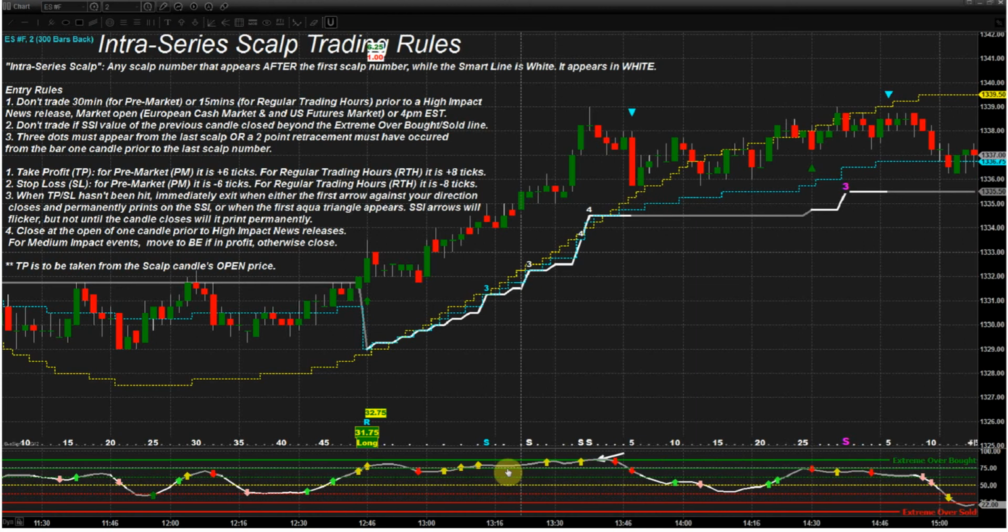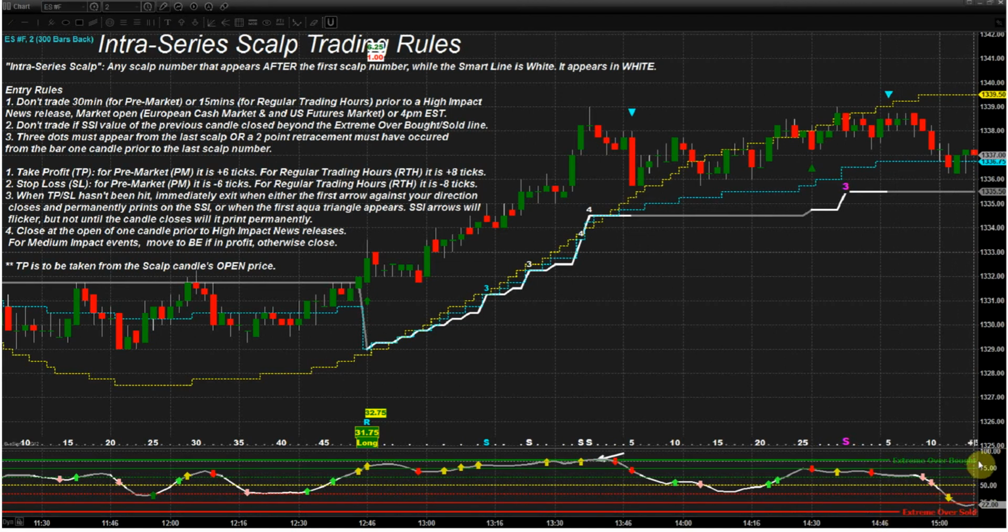Now gray is when the SSI line is slightly overbought, as it is here, or when the SSI line is slightly oversold, as it is here. When it reaches extreme overbought and oversold, don't take a scalp number. And you can see again the value here when the triangle tip is at the line of the extreme.